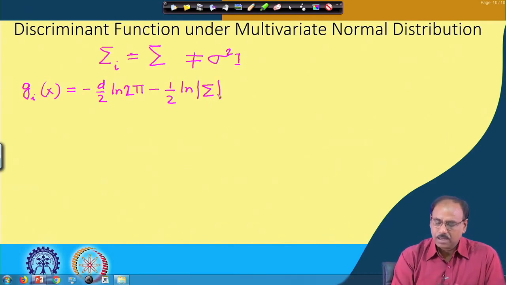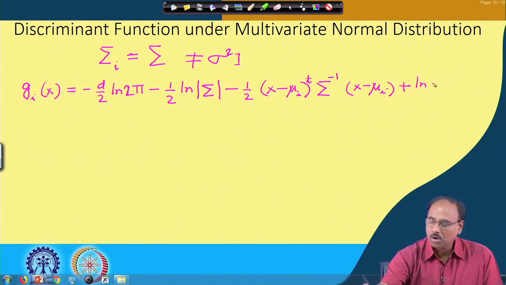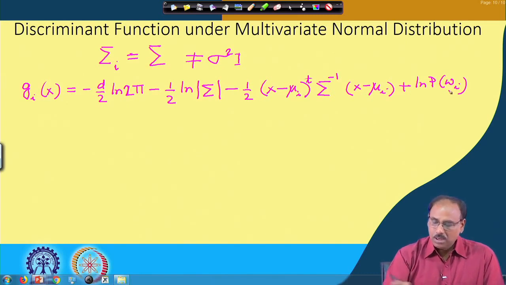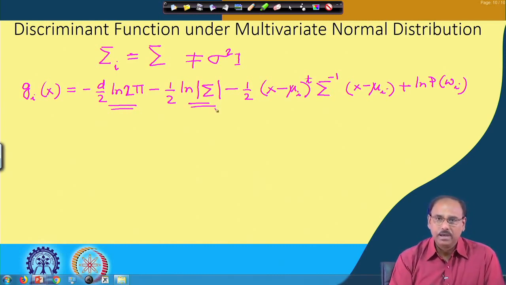So, it becomes minus half log of determinant of sigma minus half x minus mu I transpose sigma I inverse. Now, sigma I is equal to sigma. So, it simply becomes sigma inverse into x minus mu I plus log of p of omega I. Again, if I simplify this, you find that this is independent of the class, this is independent of the class. So, these two do not participate in discrimination.